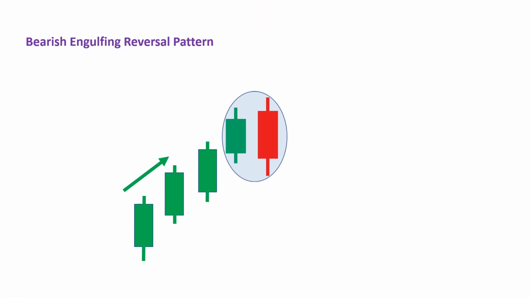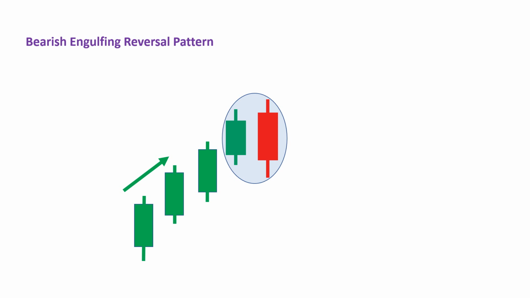Bearish engulfing reversal pattern. The bearish engulfing is a bearish reversal pattern that forms after a price increase to the upside, and it is seen at the top of an uptrend. The first candlestick in the pattern is a small bullish candlestick, indicating that buyers are in control of the market.